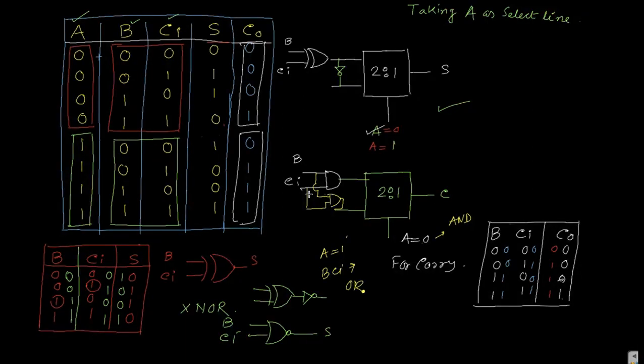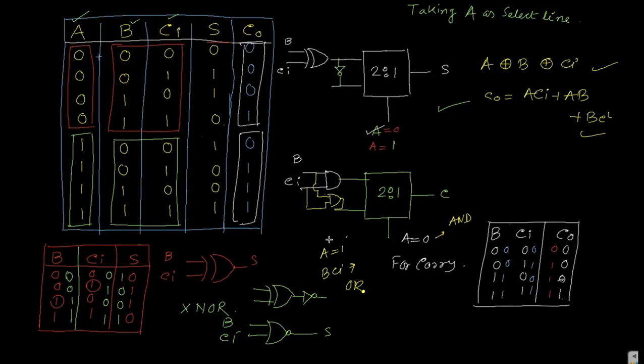Okay, now, for S it becomes A XOR B XOR CI, and for C out it becomes ACI plus AB plus BCI. Depending upon these two, we can make this truth table, and from this truth table we are making a 2:1 multiplexer through which we can make a full adder circuit.